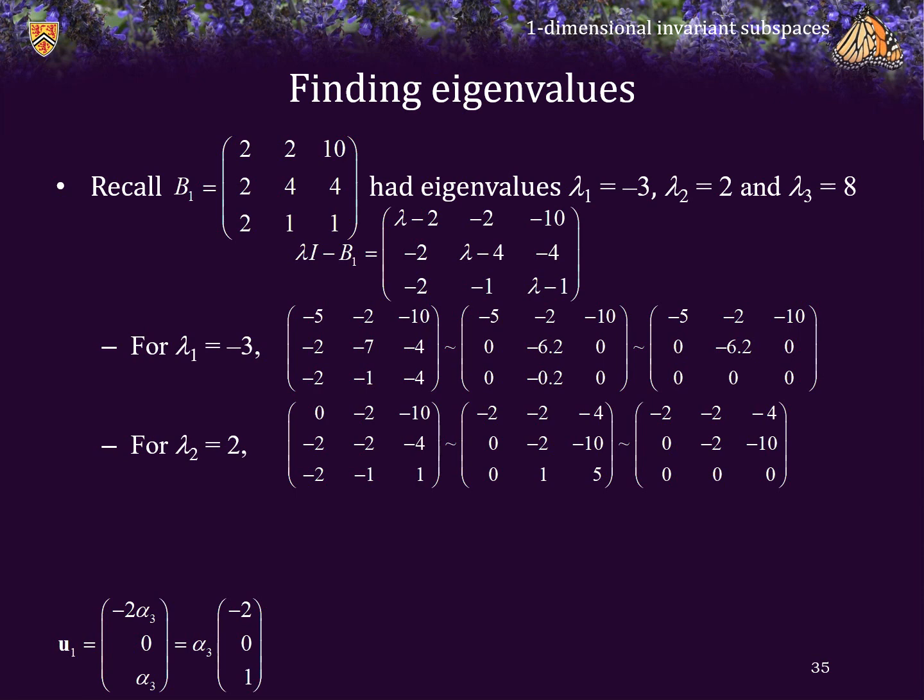And once again, we see that this time alpha 3 is free. Alpha 2 is equal to -5 times alpha 3, and we can solve for alpha 1 as well, which is 3 times alpha 3.